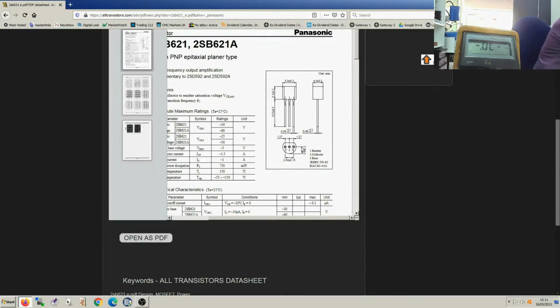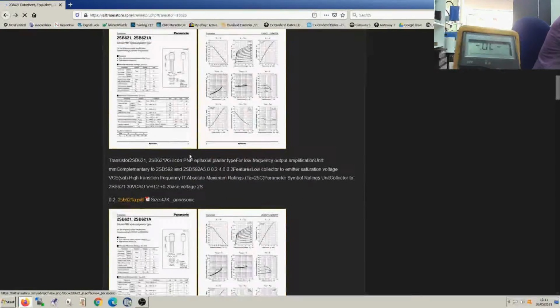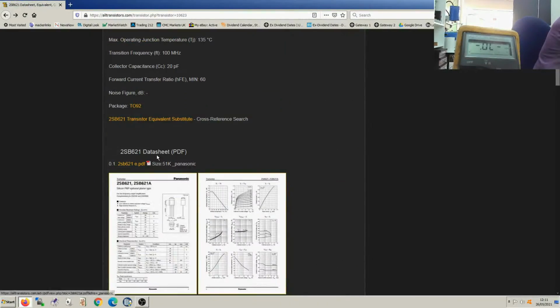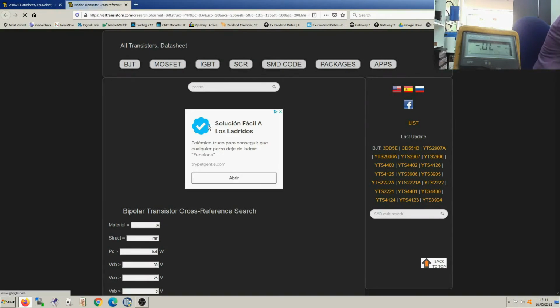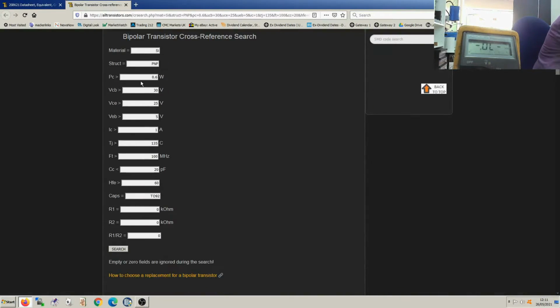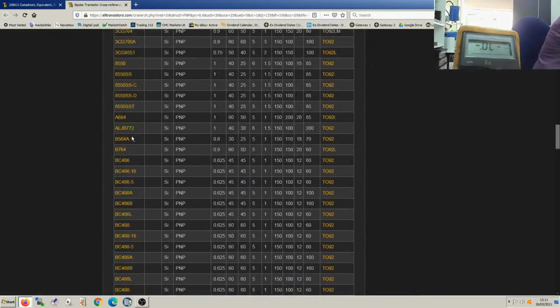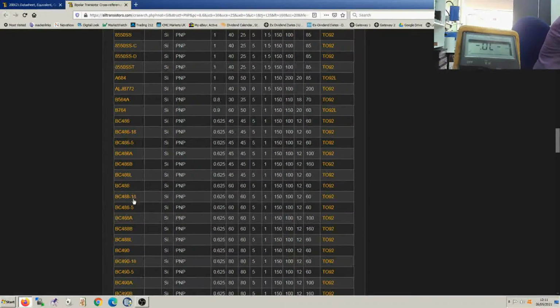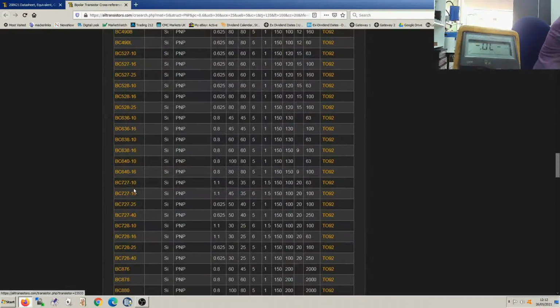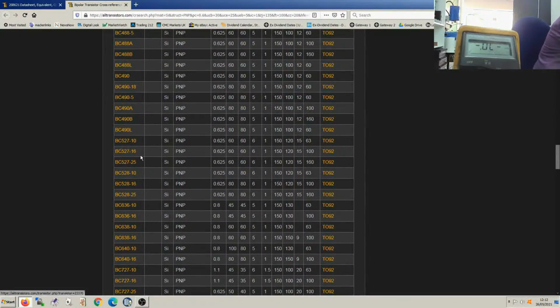This might be quite an unusual transistor. Let's see if we can find some common equivalents to this one, yeah. Again, it's filled the information in for us. Look, and it's given us loads and loads. And there are some BC ones that might be easy to find: BC488, BC527, which I think is quite a common one again.